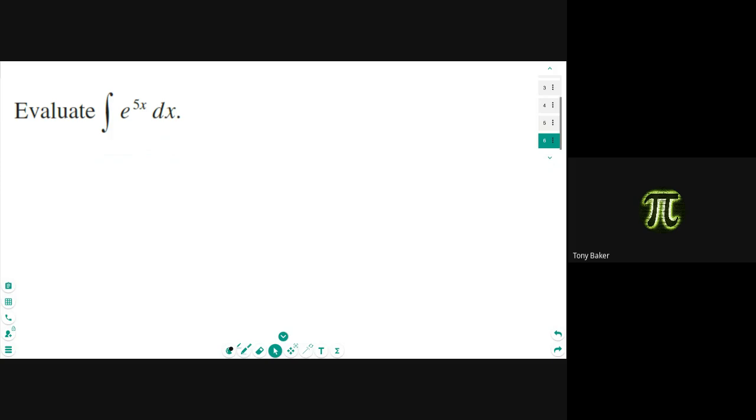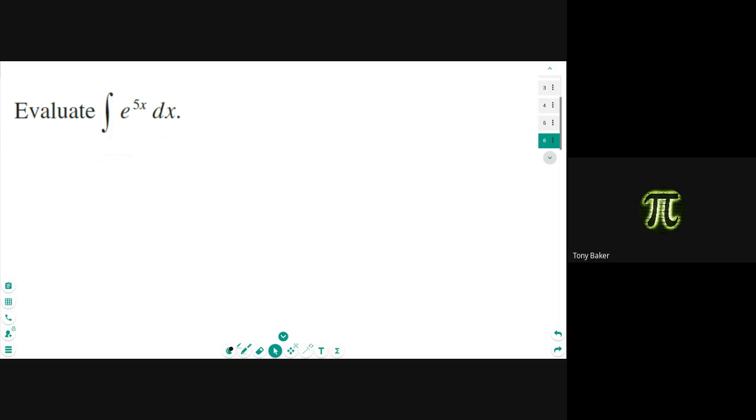You're close, but if it was just e to the x, yes, it would just be e to the x plus c. But there is a 5x there that has to have something changed. So think back, what's the annoying piece? The 5x. So make that your u and do the problem. And you'll see the extra piece you need.